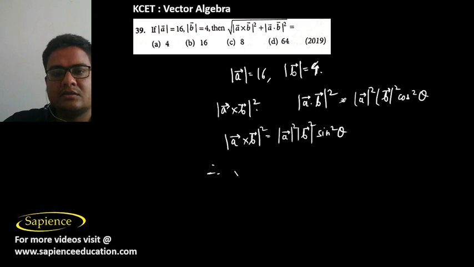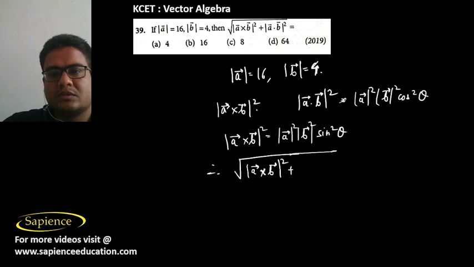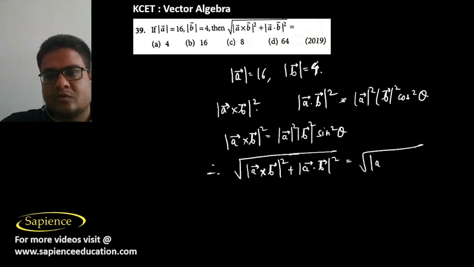Therefore when we add these two, mod A cross B square plus mod of A dot B whole square is also equal to mod A square B square into sine square theta plus cos square theta, and sine square plus cos square theta equal to 1.